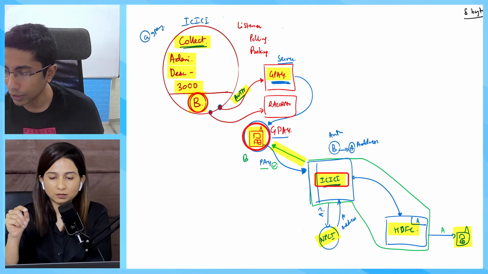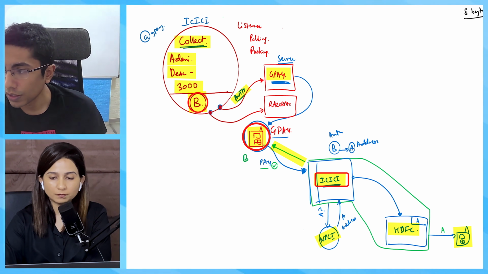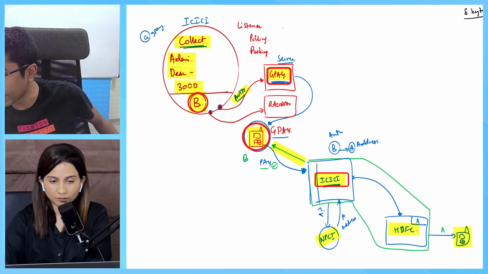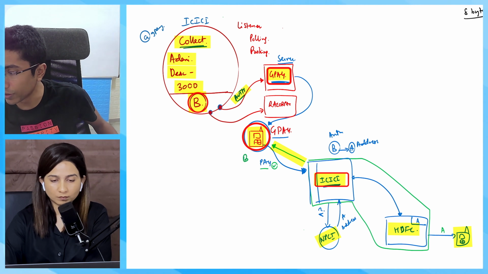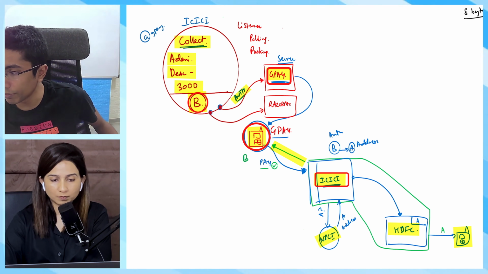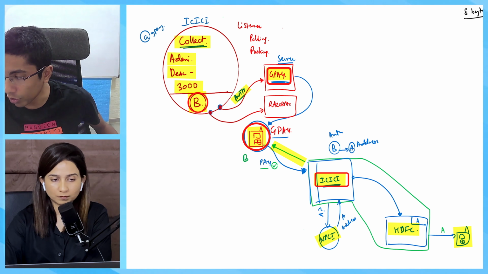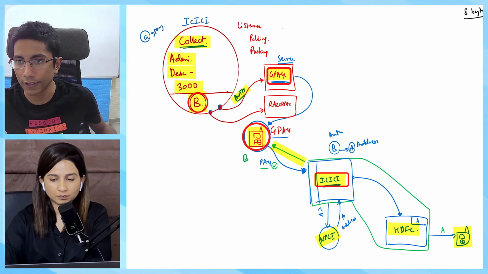Yes. So I'm just wondering, if this request comes to ICICI, how do they know which app I am connected to? If I am using GPay, Google Pay, the notification has to come here. Somebody needs to tell them that this account is being used by Gaurav in this GPay, at this address.